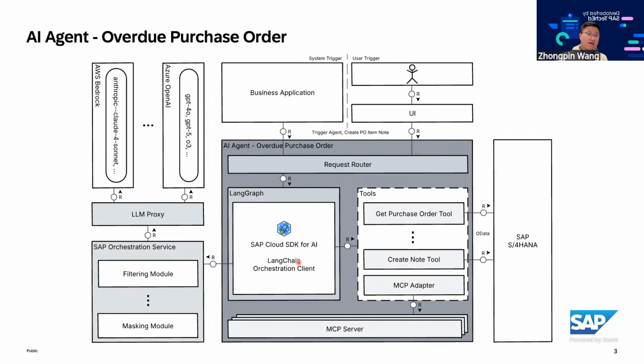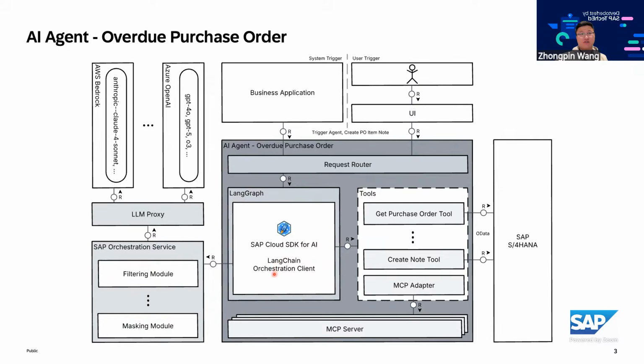As many of you might know, if you use LangChain, you have many implementations of LangChain. LangChain is more or less just the interface for you to build your agents or your LLM application. And we have implemented this LangChain orchestration client so that you can use LangChain just as usual and then utilize the orchestration service capabilities.